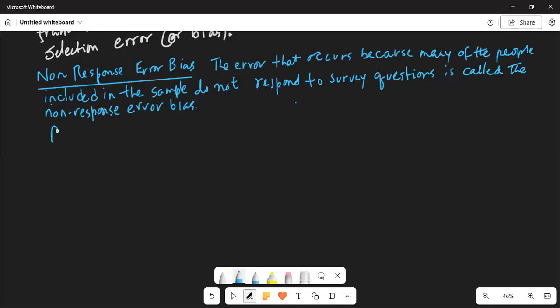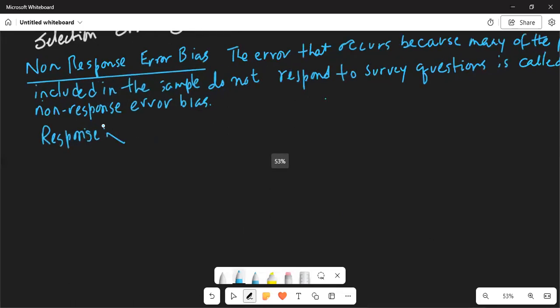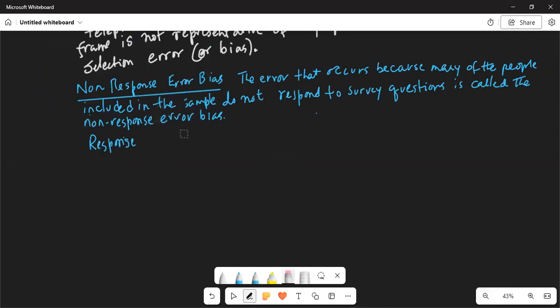There can be also a response error bias. What is the response error bias?